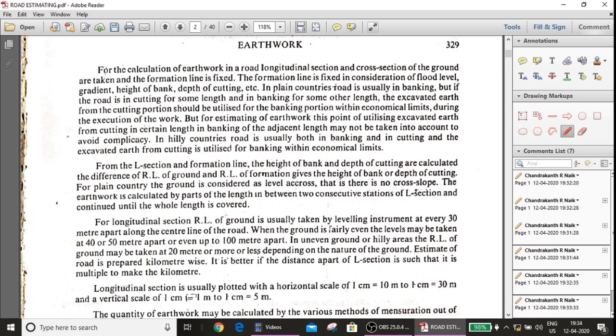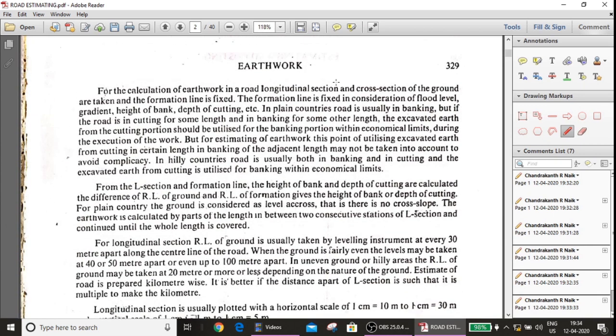It is where the road is going to be fixed, the surface of the road, or we can take it as the lowest depth of the road after it has been formed. It is based on the conditions in the field. The formation line is fixed in consideration of flood level, gradient, height of the bank, depth of cutting, etc.